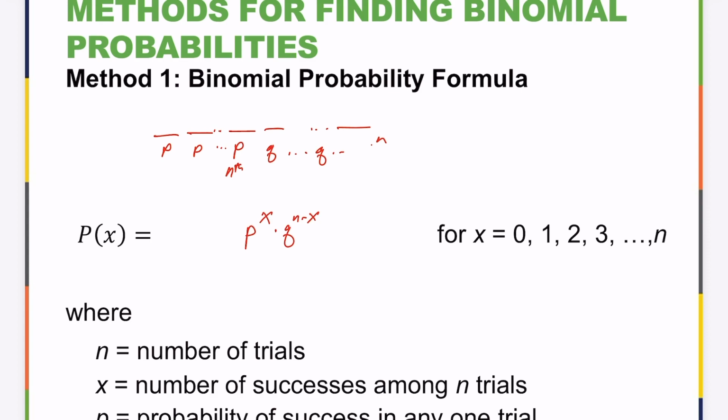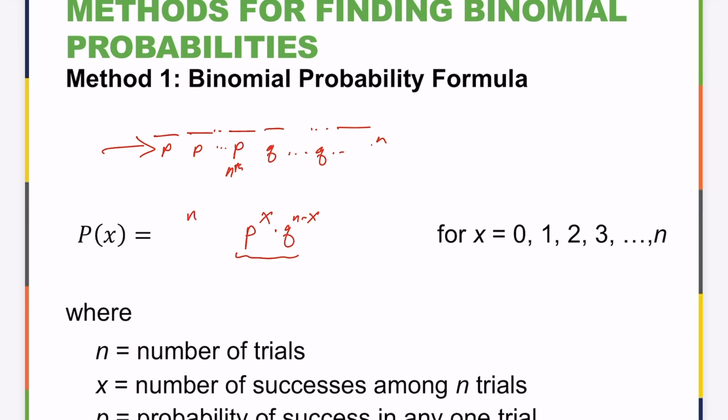Now this is just one of the ways that it occurs. This was if all of my successes happened first. But that is not necessary, and so these should be rearranged. If there was a rearrangement of that sort, that would also be included.